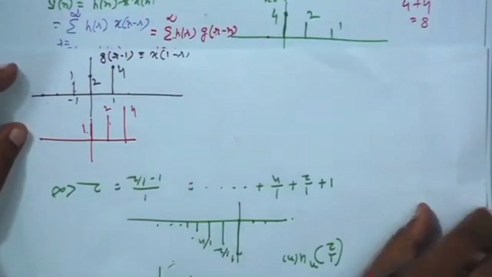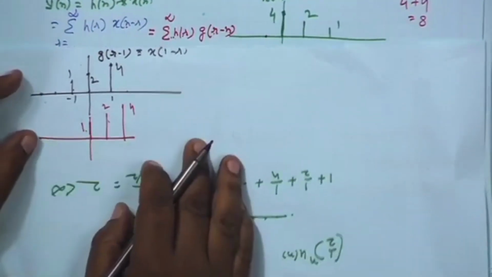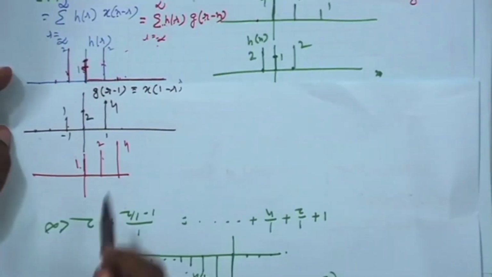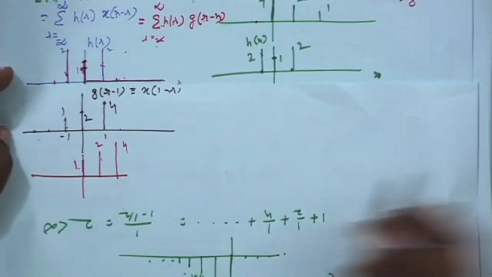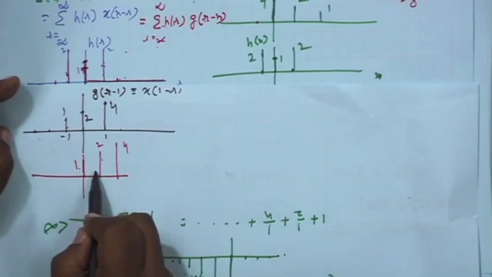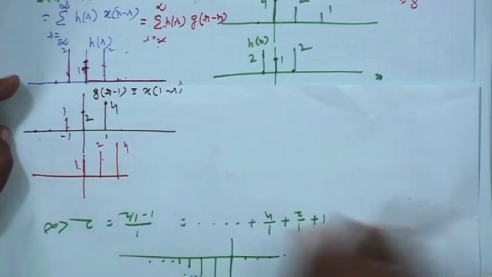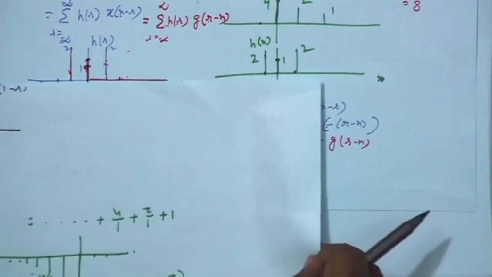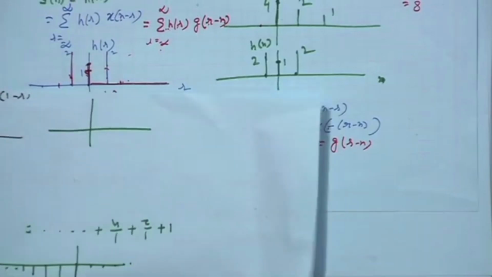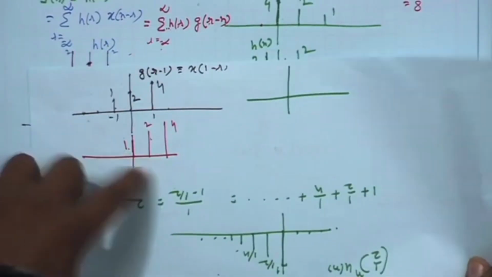Then for n equal to 2, it will be shifted further. So you will have 1 going here, 2 going here, which means 1 going from 0 to 1.